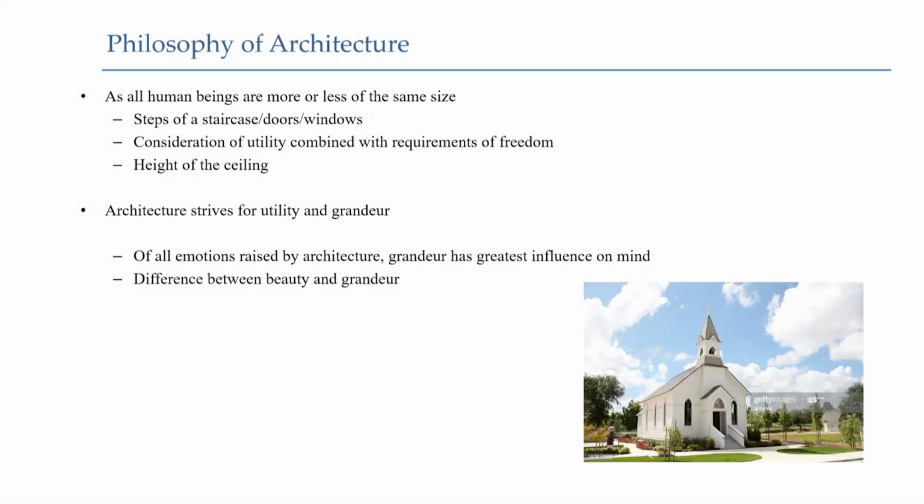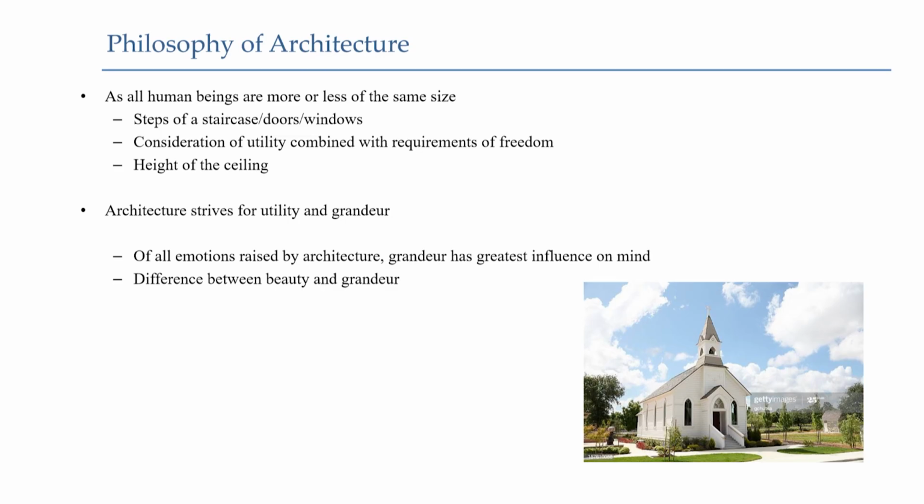So, this is what the Scottish School of Aesthetics or Henry Home Lord Kames says, that since all human beings are more or less of the same size, the components within a building also have a size or structure which is more or less the same, or which can be in some sense standardized.